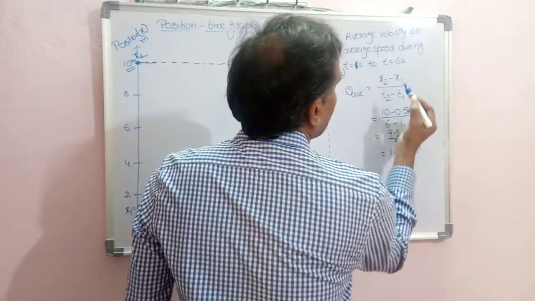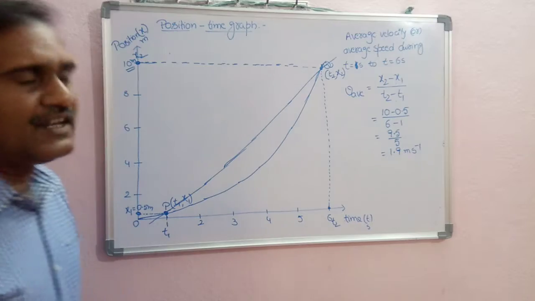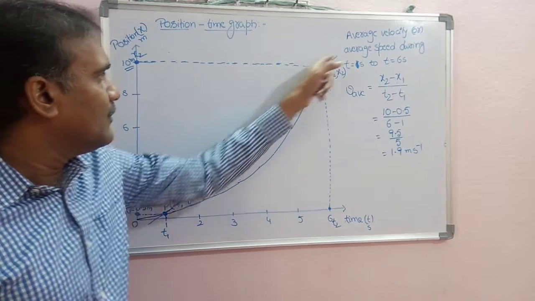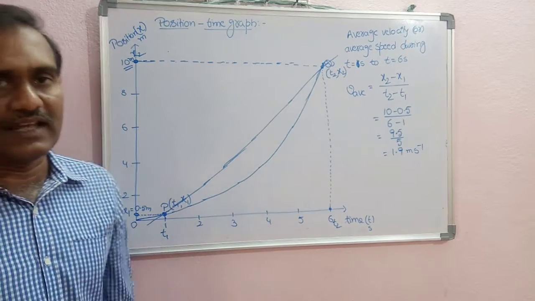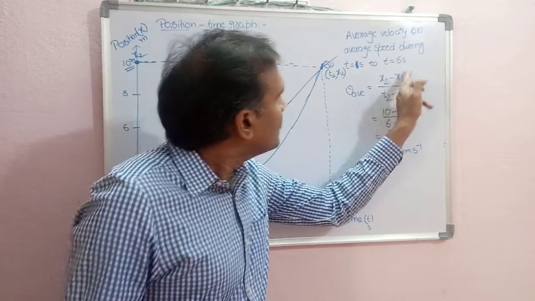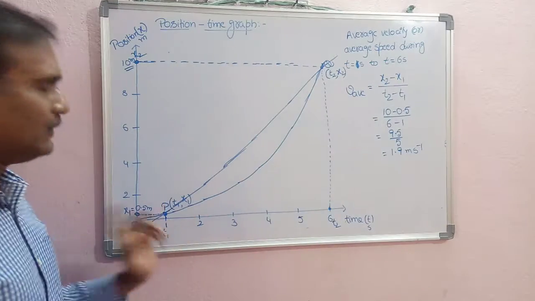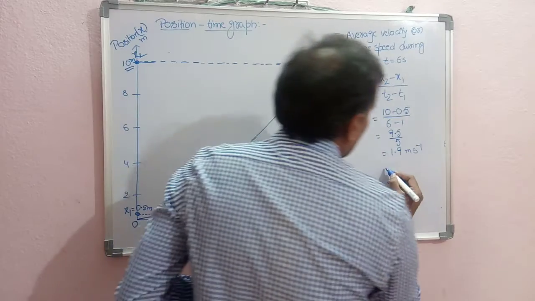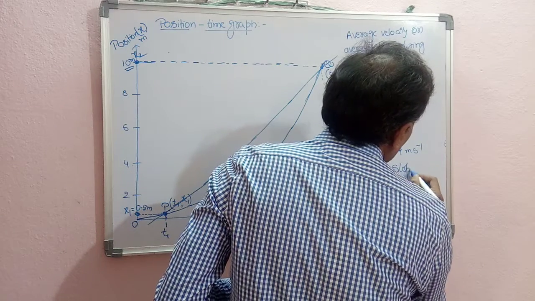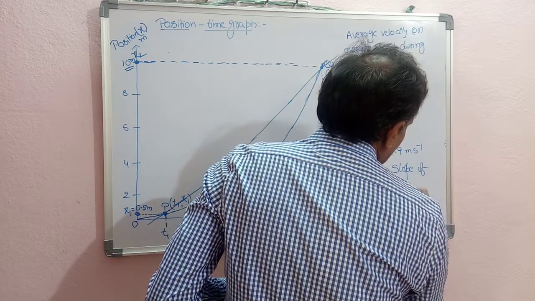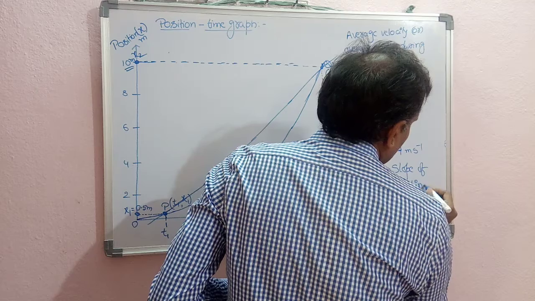Therefore, this is called the slope of the line PQ.